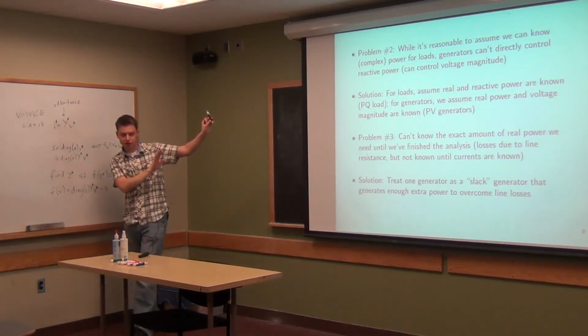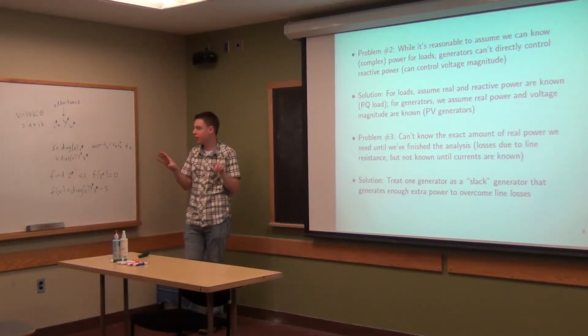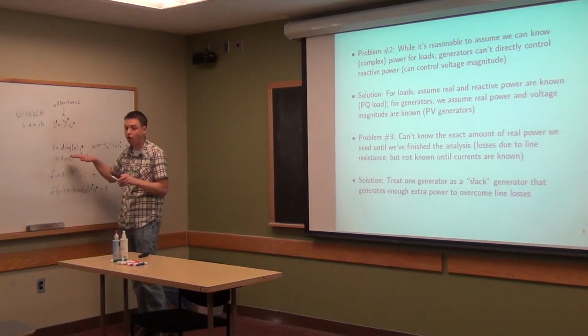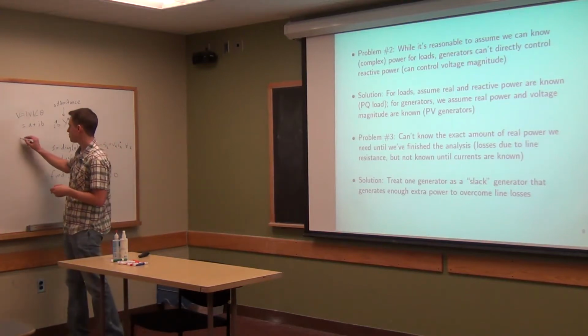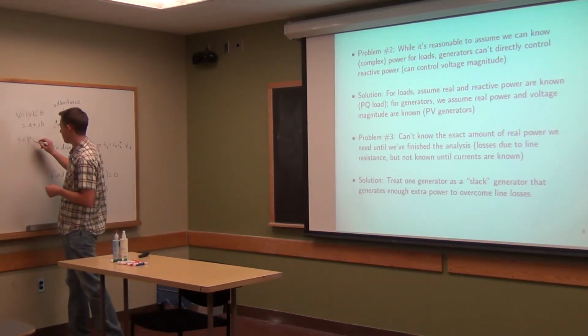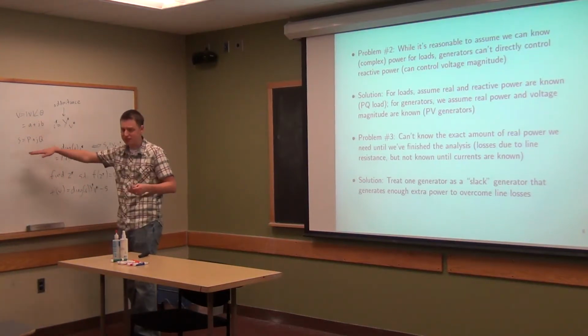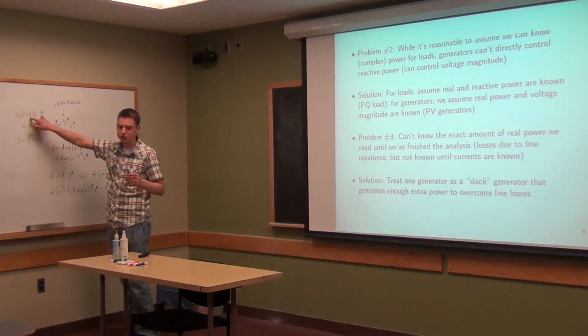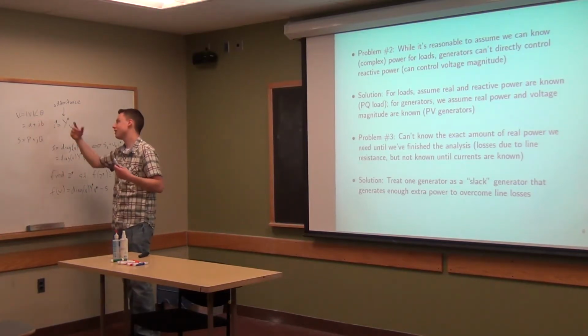I'm going to have all these on a later slide about what's known and what's unknown, so don't worry about it too much just now. I just want to give you an idea that you have to remember that these are all complex quantities here. And we're typically going to write power in this rectangular form. So we think of power as being equal to P plus jQ, where we know some of these or some we don't know, and voltage is equal to this thing here, where we know the magnitude for generators, but not the phase angle.